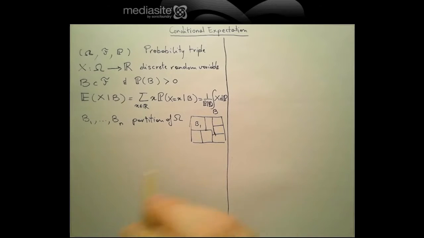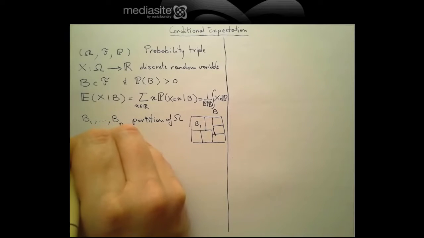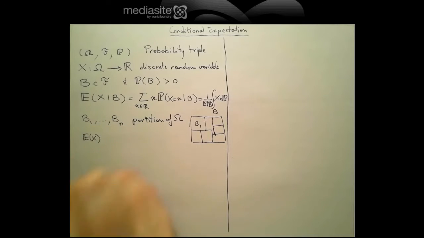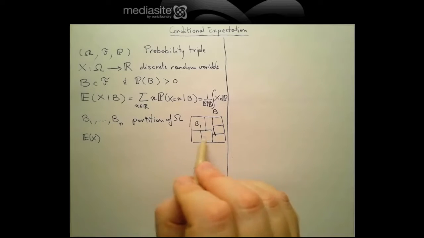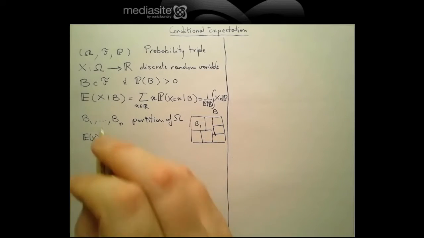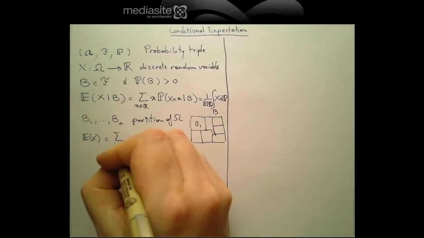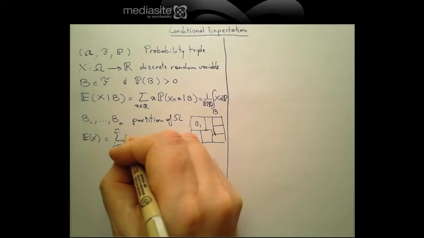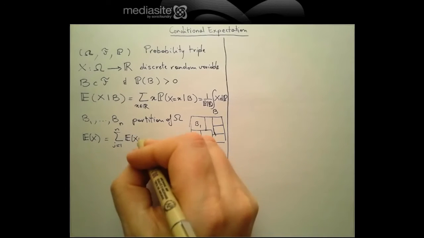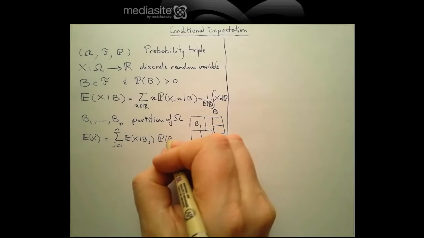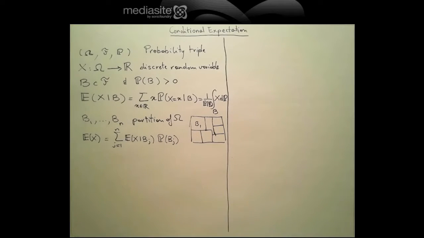Then you can condition on the partition. Say that you want to compute the expectation of X. You can compute the conditional expectation in each case, and then sum them up, right? So it goes like this. You go from 1 to n, you take the expectation of X given Bj, and then you multiply by the probability of Bj.